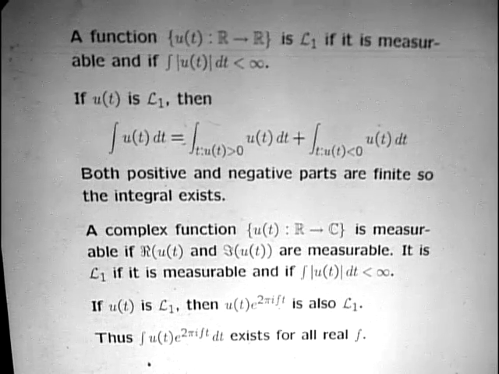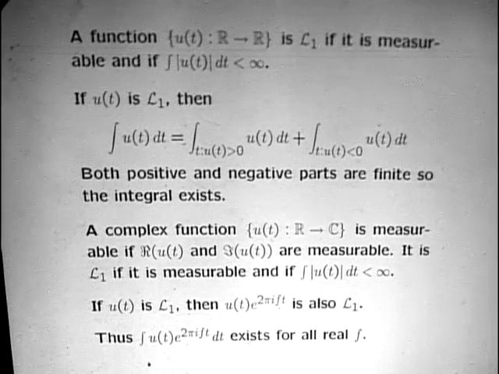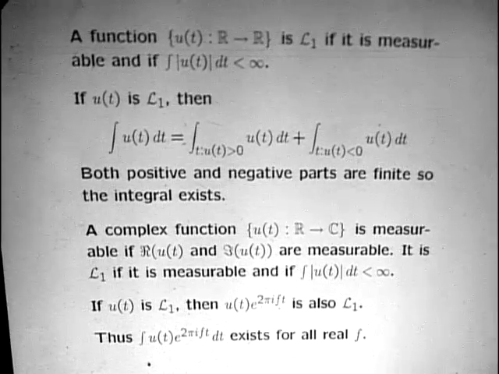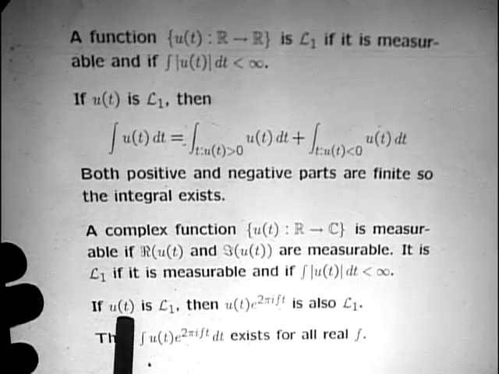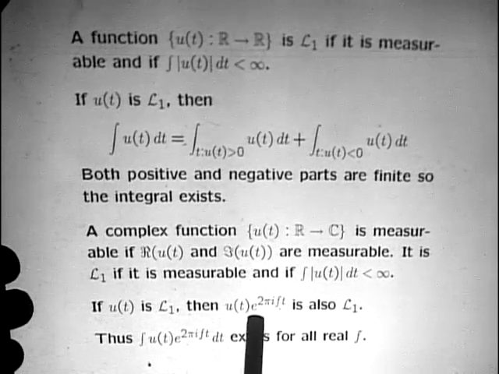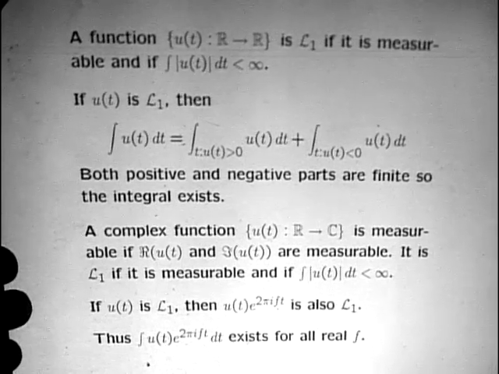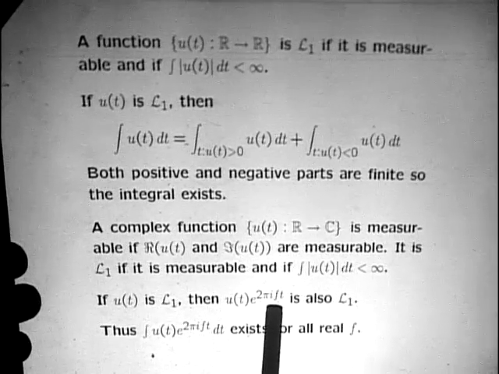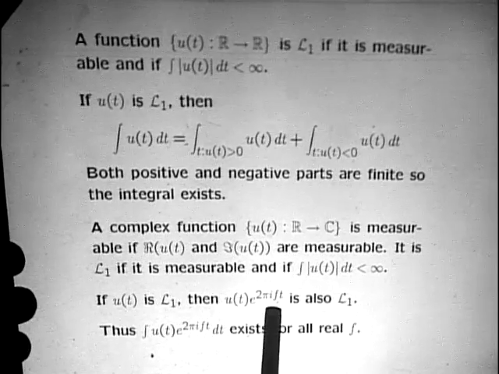Now, as far as Fourier theory is concerned, Fourier series, Fourier integrals, discrete-time Fourier transforms, all of these things, if u of t is an L1 function, then u of t times e to the 2 pi i ft has to be L1. And this has to be true for all possible values of f. Why is that?